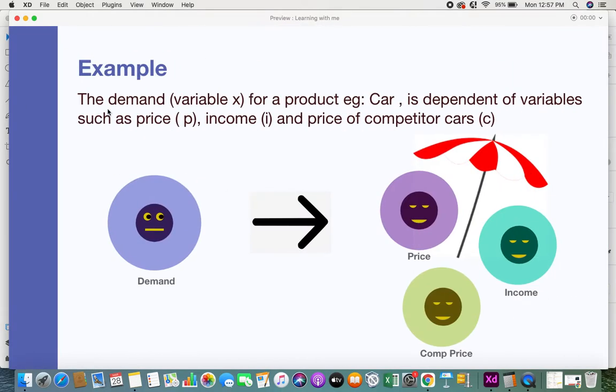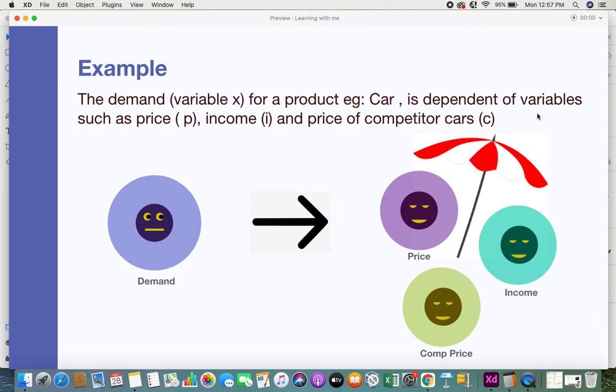And to give you an example, let's say that you're dealing with research that has information about a product, and you want to understand how the demand of a product actually exists and what are the various factors that affect the demand. So you have demand, which is variable X, for a product, let's say a car.